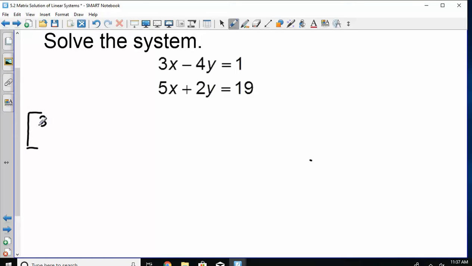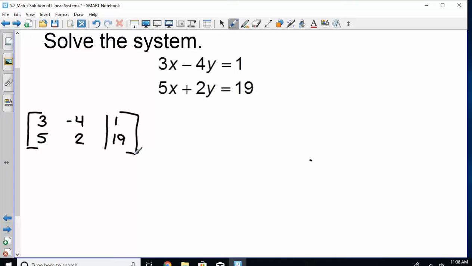So my x is 3, my y is -4, equals 1. 5, 2, 19.